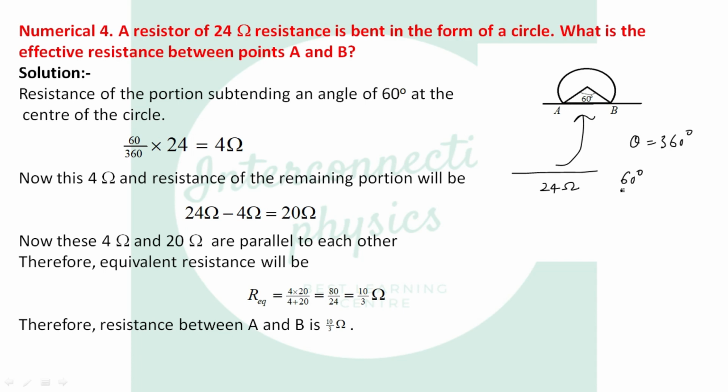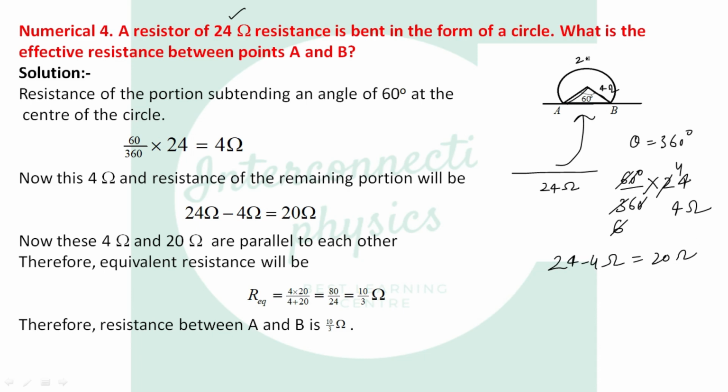So 60 degree divided by 360 multiplied by total resistance, which is 24. So the answer is 4 ohm. So this resistance is 4 ohm, and the rest, 24 minus 4, is 20 ohm.